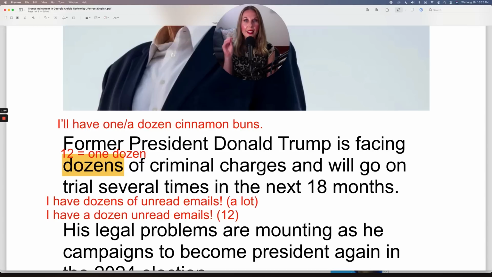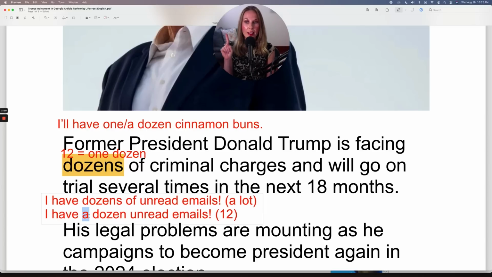When you make dozen plural, it simply means a lot. So Trump is facing a lot of criminal charges, many criminal charges. You could say, I have a dozen unread emails, which means you have 12 unread emails. But if you say, I have dozens of unread emails, it means you have a lot of.